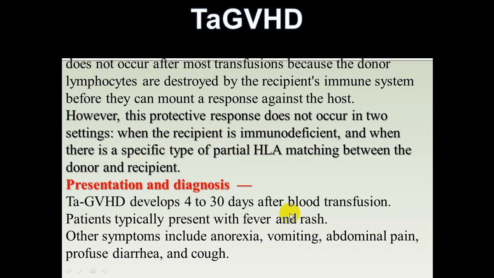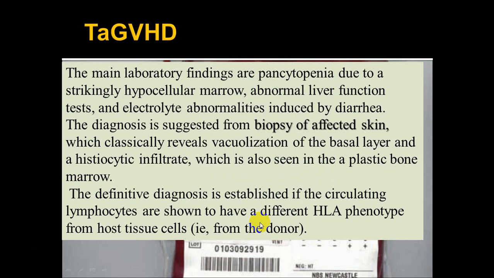4 days to 30 days after blood transfusion, and the symptoms are usually non-specific: fever, rash, anorexia, vomiting, abdominal pain, cough, and even diarrhea. The main laboratory findings are pancytopenia due to hypocellular marrow, abnormal liver function, and abnormal electrolytes induced by diarrhea.